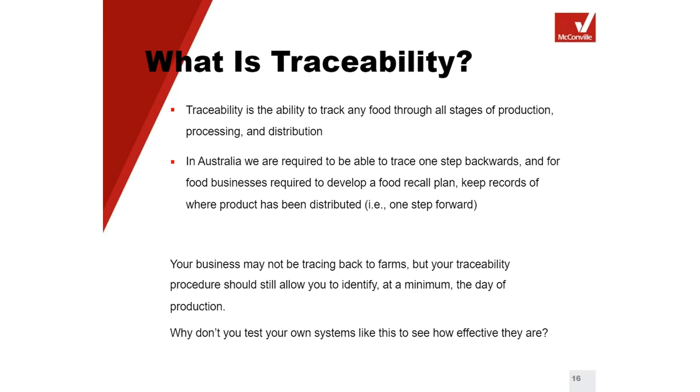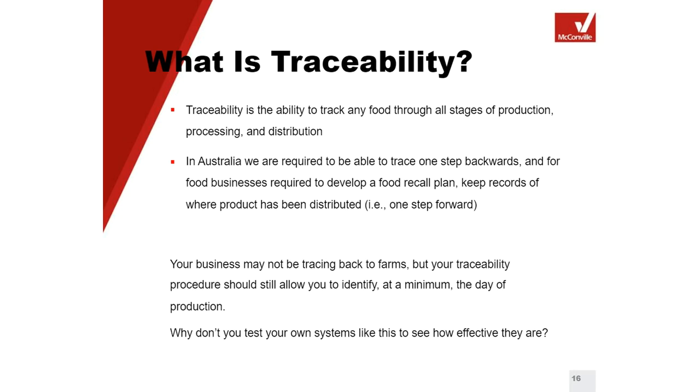So we need to make sure that we're accounting for those. Our accounting for those products needs to include any leftover mixes or materials or any other products that might have been frozen or will be used at a later date.